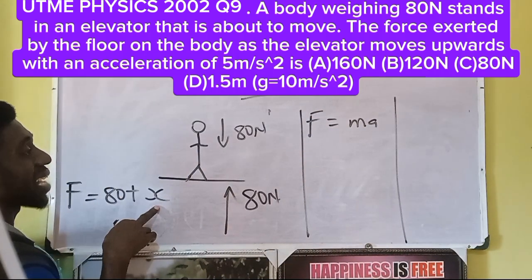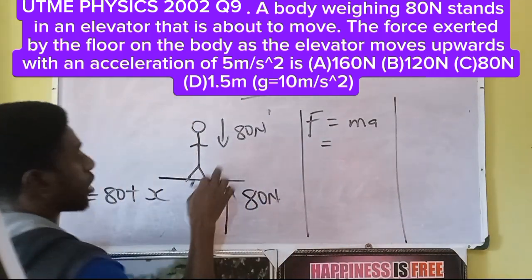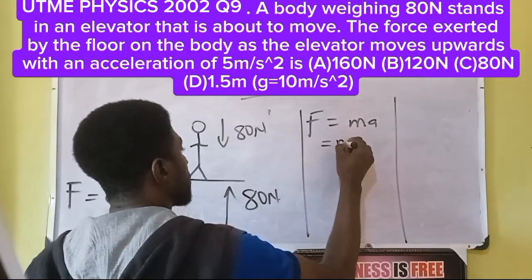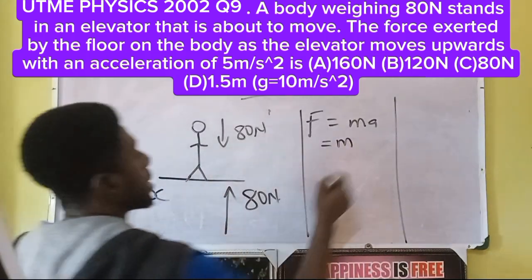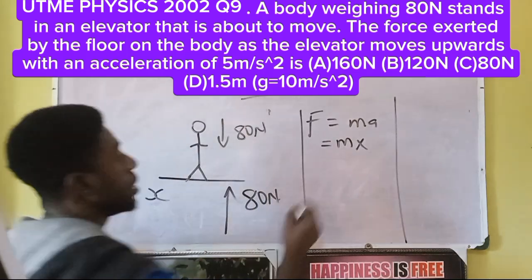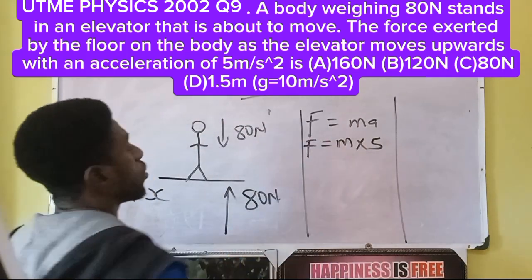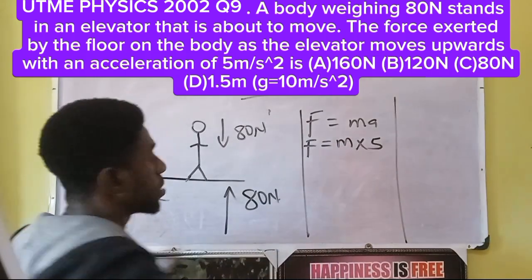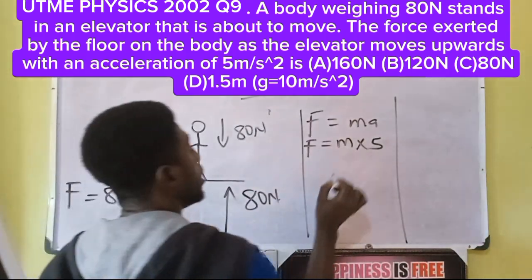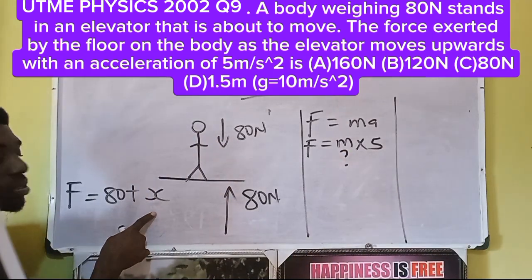The force that brought about acceleration in upward direction is not known yet. I don't know the mass of the body that the elevator is moving upward yet, so I'll keep it as m. Then I know the acceleration that the elevator makes upward. It was given in the question. That is 5 meters per second square. So that additional force is unknown yet because the mass is still unknown. So I need to find this mass in order to get that additional force.